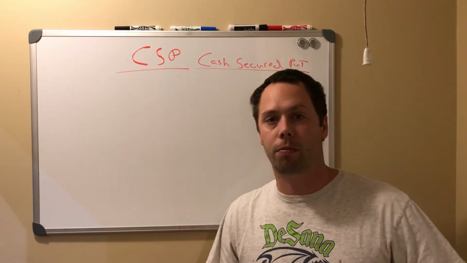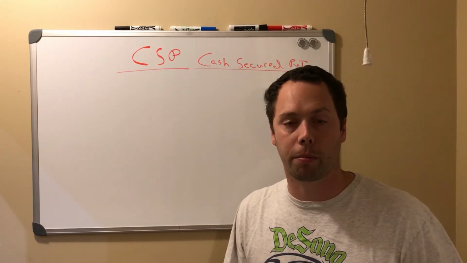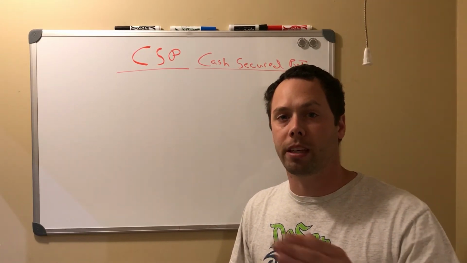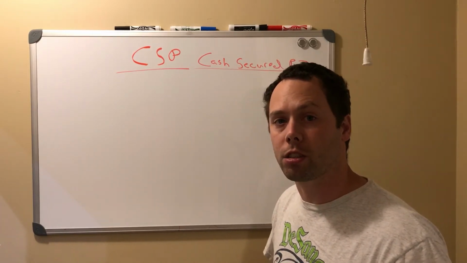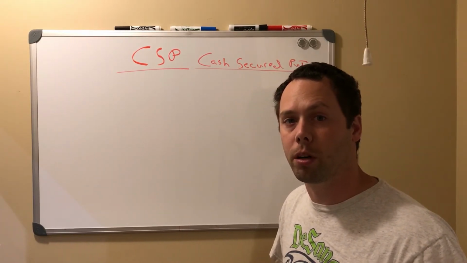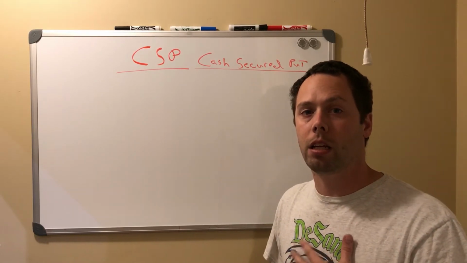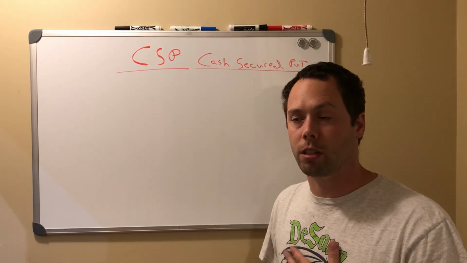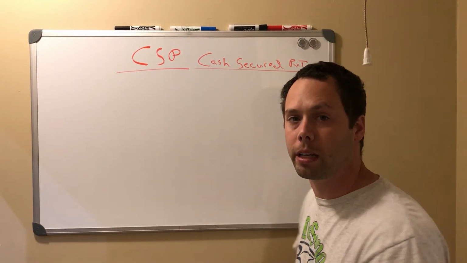Well, instead of me going outright and just buying 100 shares of something, I'm putting up the cash to buy the shares at the strike price that I sell the put at. Basically, you're saying I'm going to be obligated to buy those shares at the strike that I sell the put at if the put expires in the money. We'll write that out.